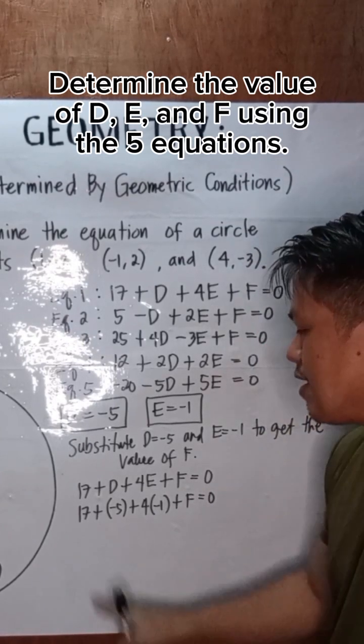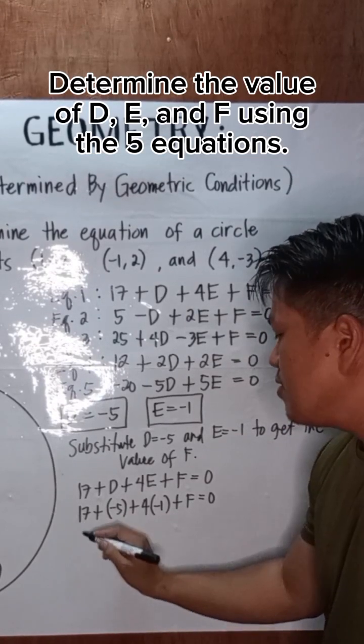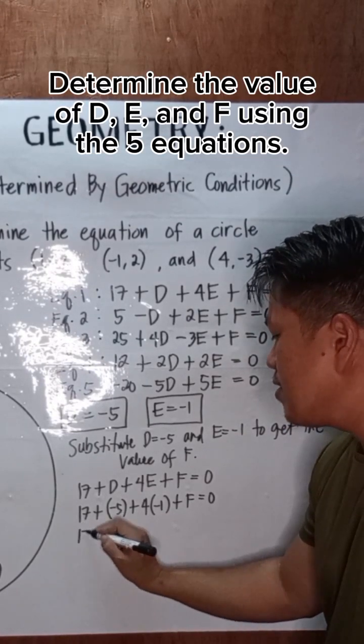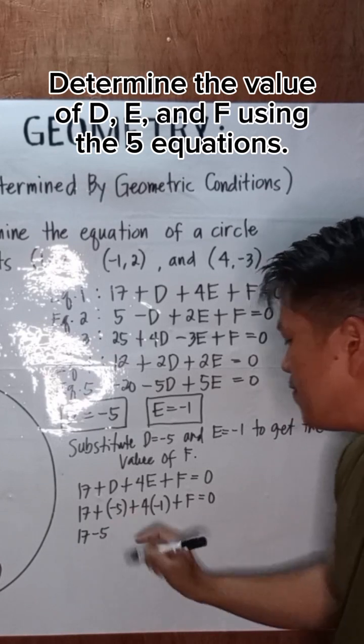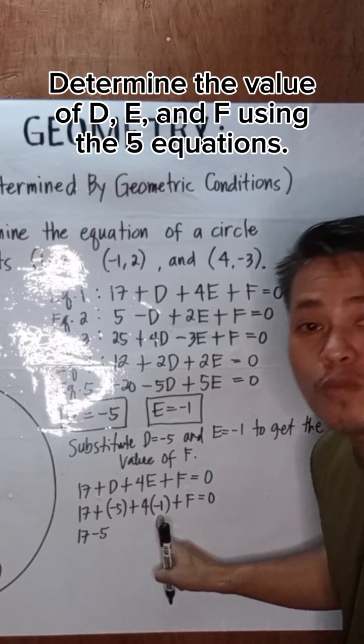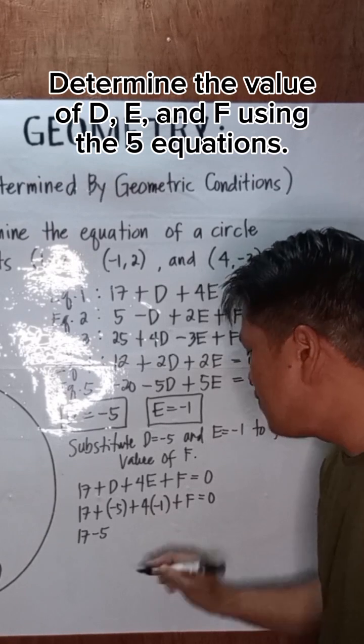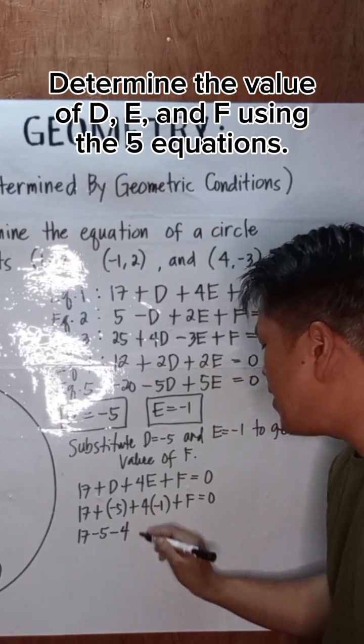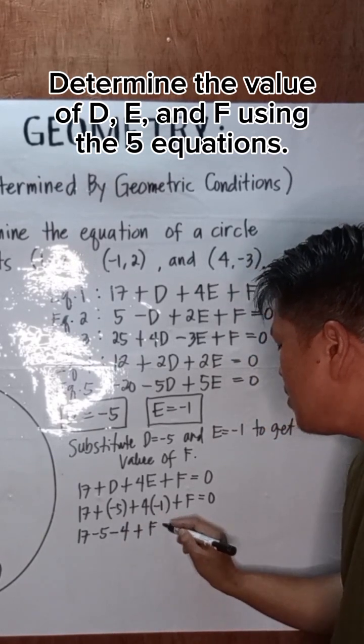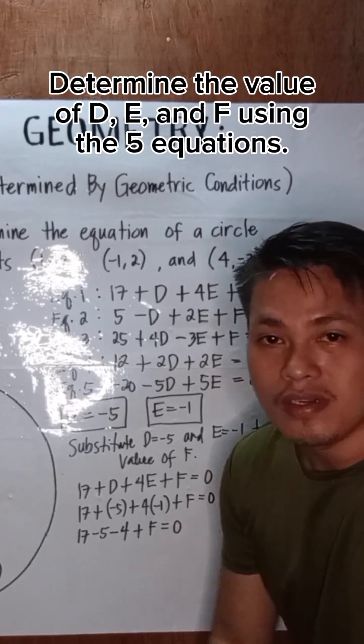Then, simplify natin. Ito ay 17 minus 5 and then 4 times negative 1 is negative 4. Then, plus F is equal to 0.